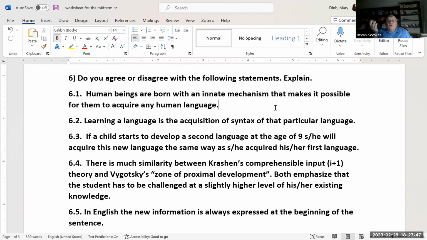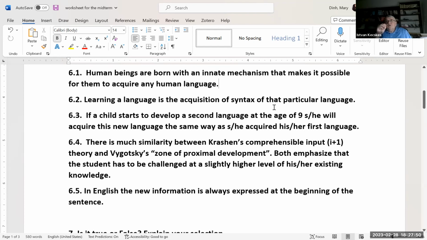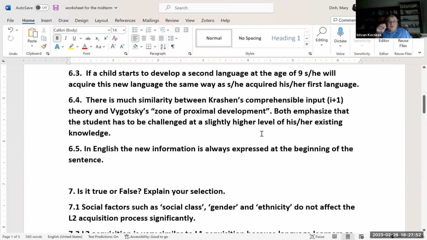Definitely here, but I see here an answer of disagreement as well, because you can argue that as far as comprehensible input is concerned, the I+1 thing, it's slightly different from what Krashen emphasizes and what Vygotsky emphasizes. Because Vygotsky definitely emphasizes the role of your partners, the teacher, the peers, and so on, who actually help you get from one stage to the other.